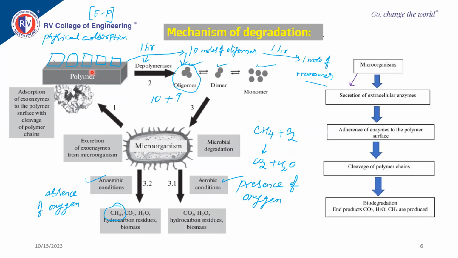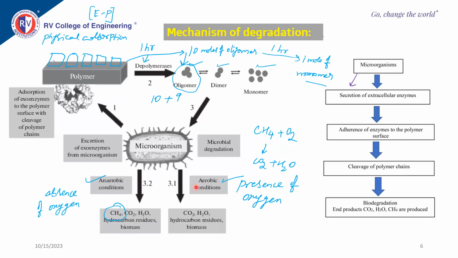In fact, that is a very crude word that is used in biological textbooks. Your enzymes eat away your polymer. It breaks down into fragments. Depolymerase: always remember, the conversion of polymer to monomer by any enzyme, you call it depolymerase. So it transforms to oligomer, dimer, and monomer in the course of time.